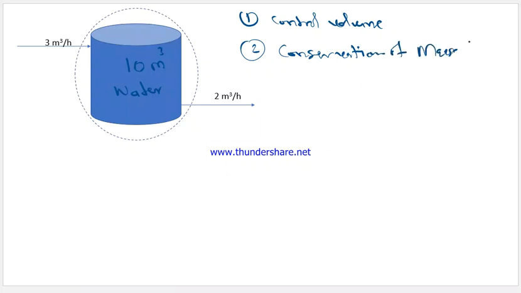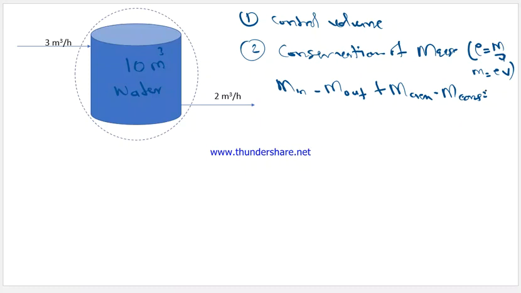We remember that our mass is related to density and volume. Density is equal to mass over volume. That means our mass is equal to density times volume. So to apply this, we use our conservation of mass: mass in minus mass out plus mass generated minus mass consumed is equal to mass accumulated.